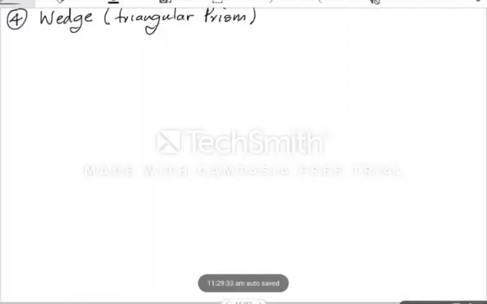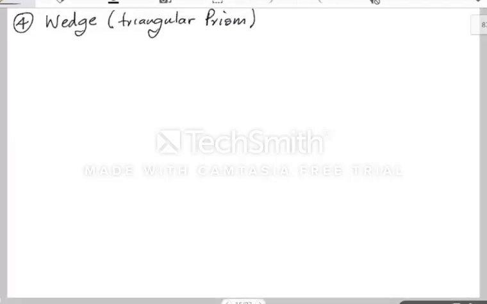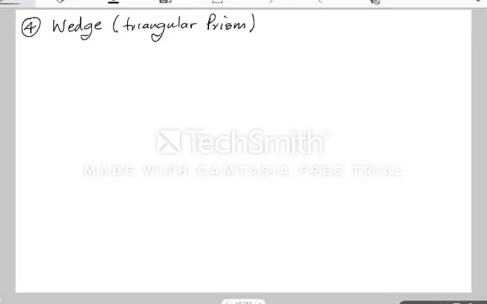We can have a look at another example of a solid shape with a uniform cross section, the wedge. Another name for the wedge is the triangular prism. Let me give you some ideas of how this could look. Start out by drawing a right angle triangle. You should use your rulers.